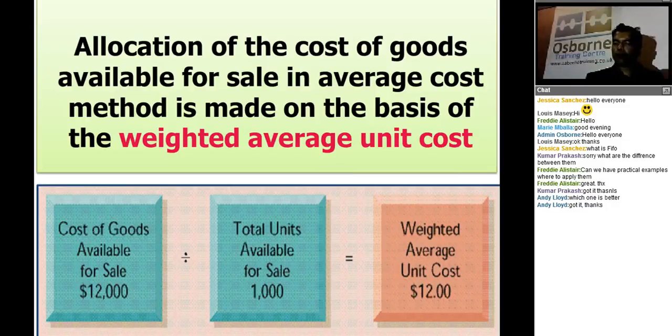So basically, we bought 1,000 units at different times, at different prices, coming out as a total of $12,000. Okay, so when we apply this method, AAT, or weighted average unit cost method, then we get $12 per unit. So as simple as that.